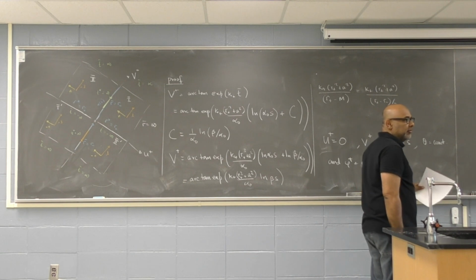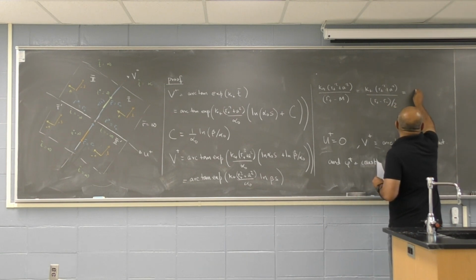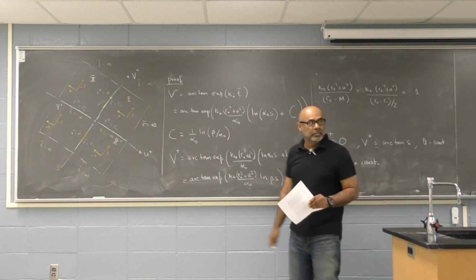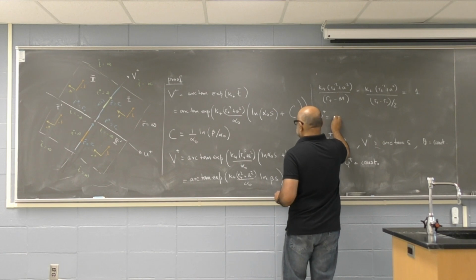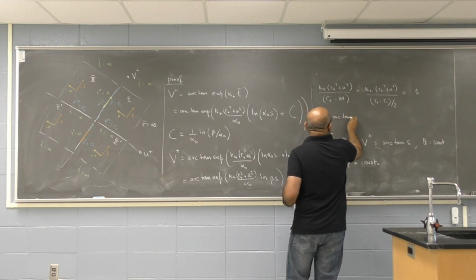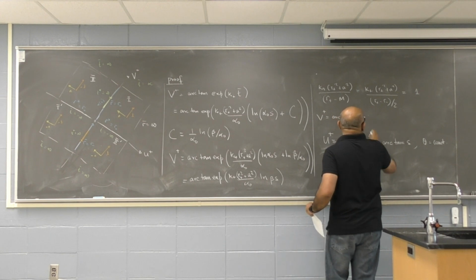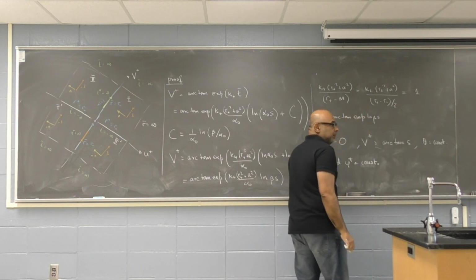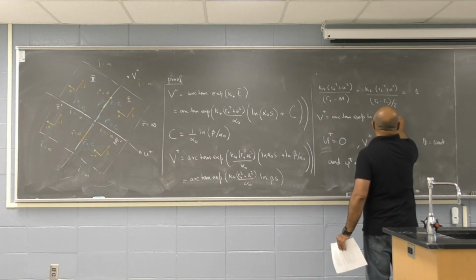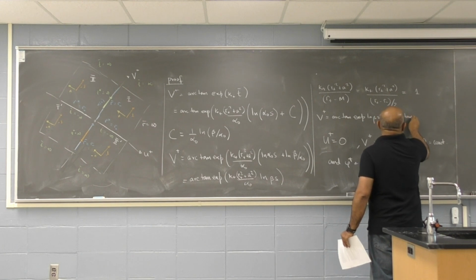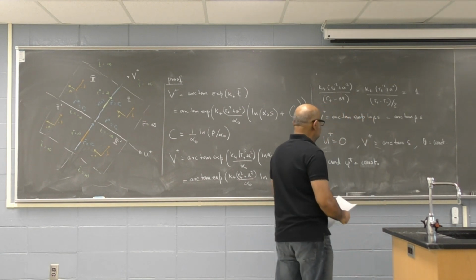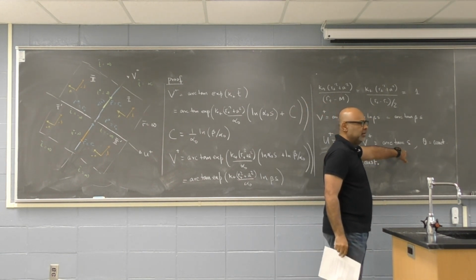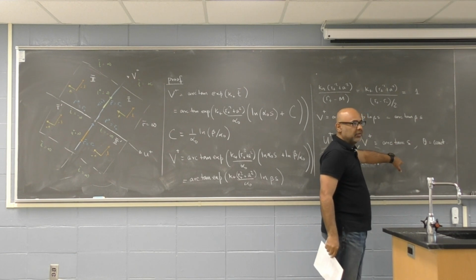If you look at the definition of kappa plus, this is simply 1. So then I get V plus is equal to arc tan exp natural log of beta S, which is equal to arc tan beta S. Okay, so we're almost there. This is just setting beta equals 1 later on.